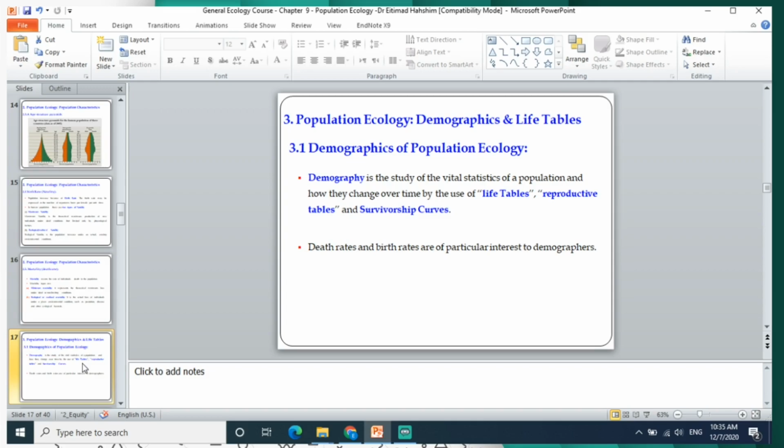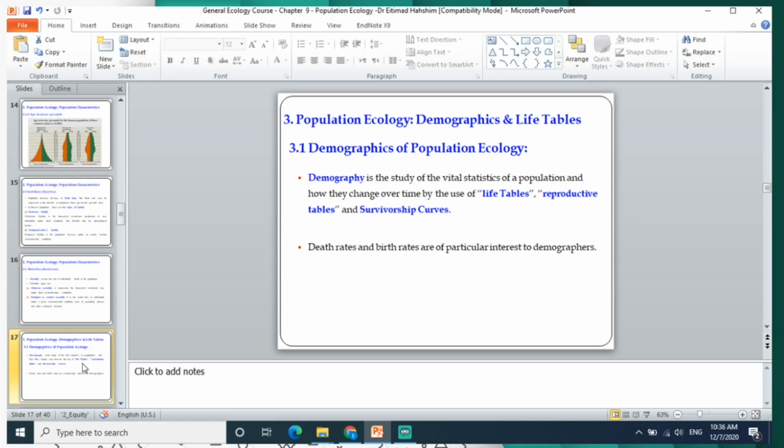So when we are speaking about population ecology, we need these data for population demography and for the modeling of life tables. Demography is the study of the statistics of a population and how they change over time, using life tables, reproductive tables, or survivorship curves.